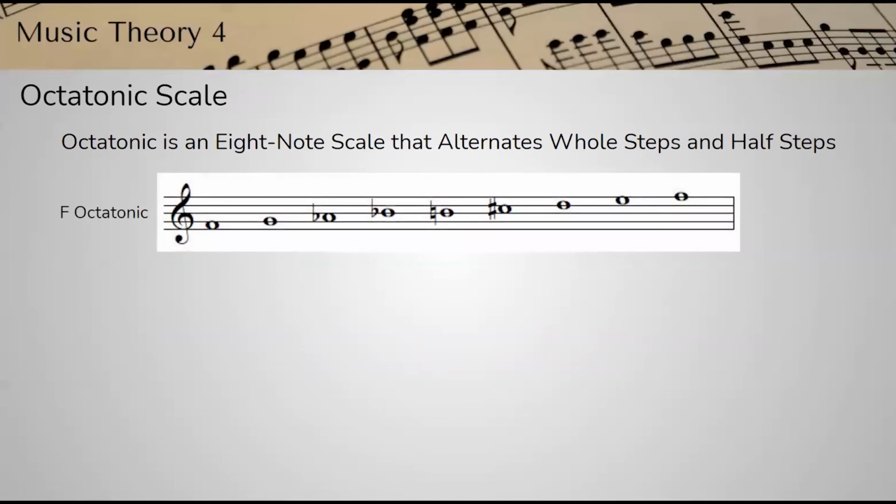So again, our notation system reveals itself as useless when trying to notate something like this clearly, but you can see that this alternates half steps and whole steps and creates an 8-note scale from F to F. So if we have an F to G whole step, that will be followed by a G to A flat half step, then an A flat to B flat whole step, and then we have half step, whole step, half step, whole step, half step. Yeah, pretty awesome.